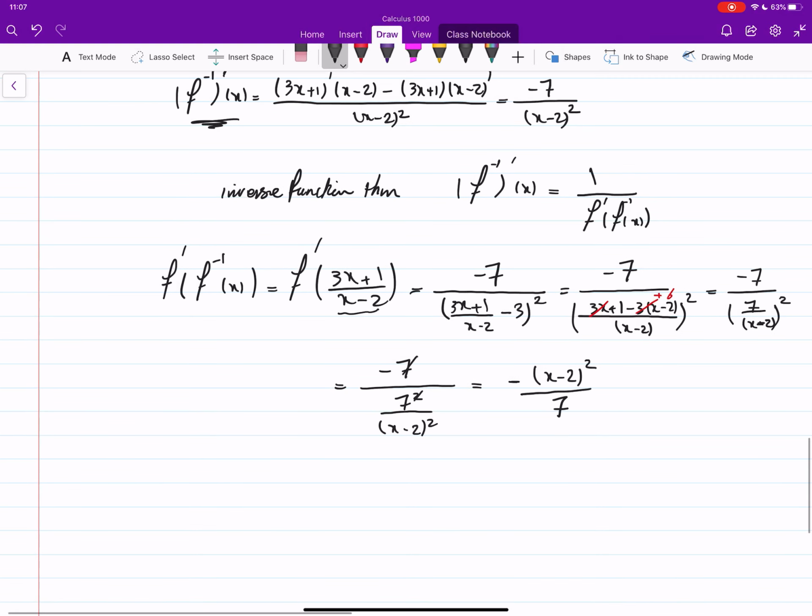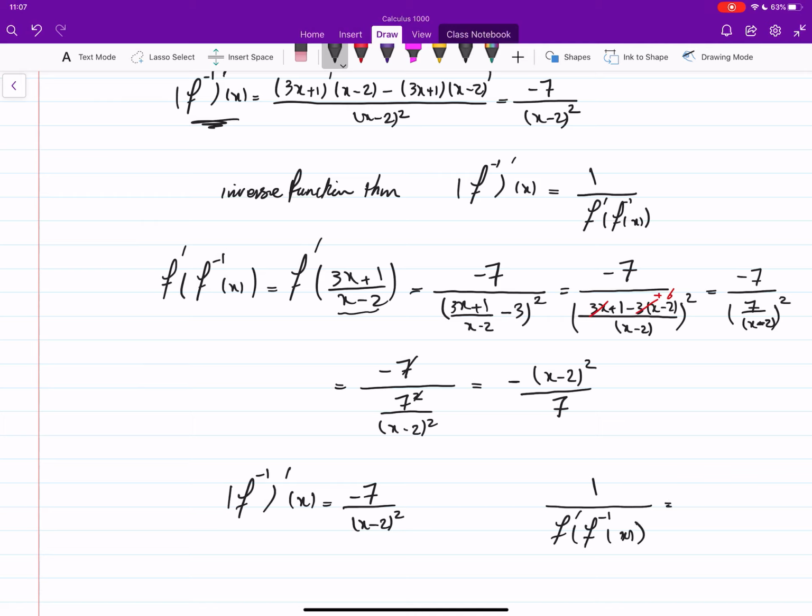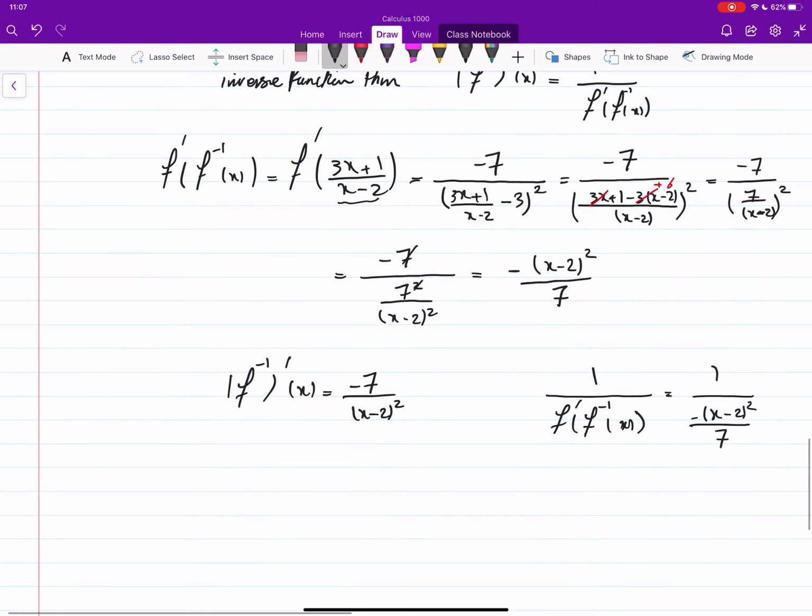Now see, f inverse prime at x, we calculated, is equal to negative 7 over x minus 2 squared. On the other hand, we calculated f prime of f inverse at x, and 1 over that is negative x minus 2 squared over 7.